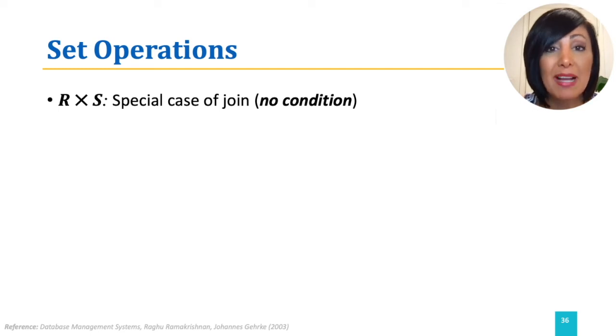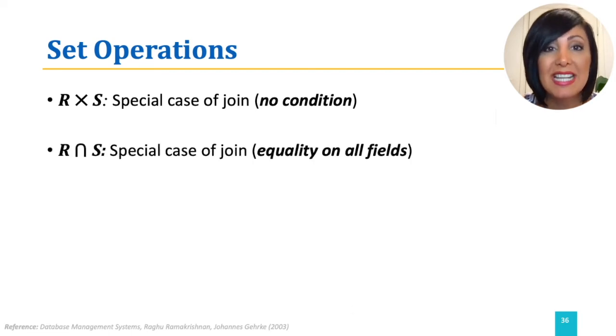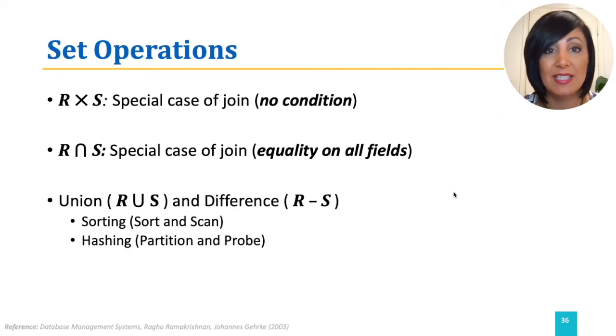Therefore, same algorithms can be applied for cross product. Intersect can also be seen as a restrictive special case of join, requiring equality on all fields. Union and difference can be implemented using algorithms based on sorting or hashing.